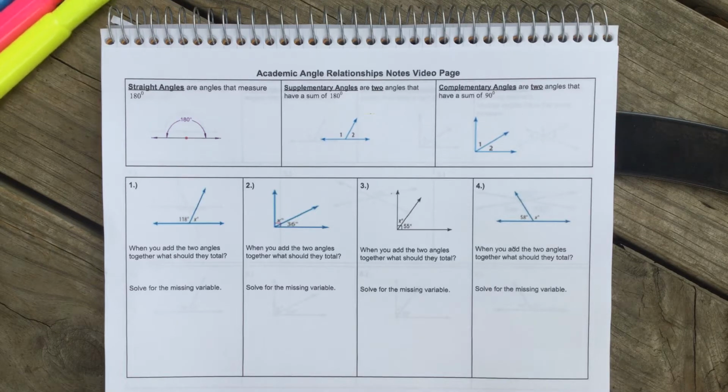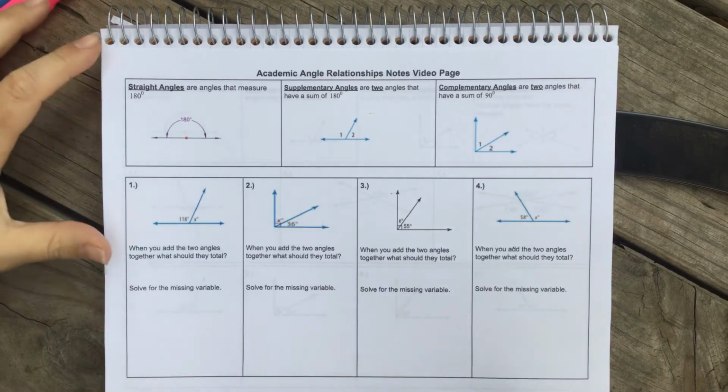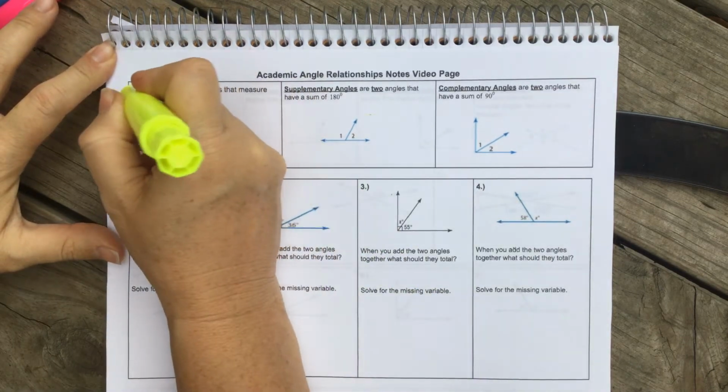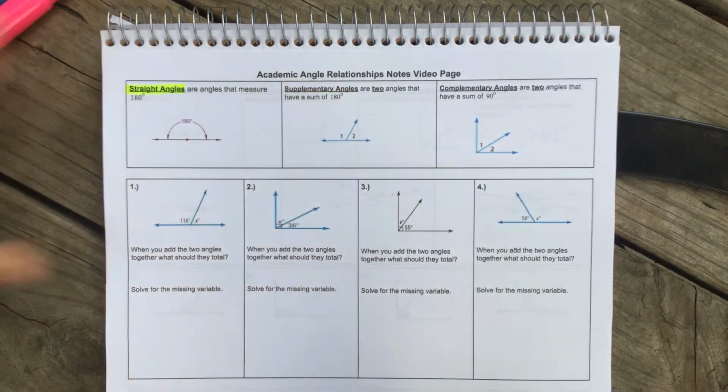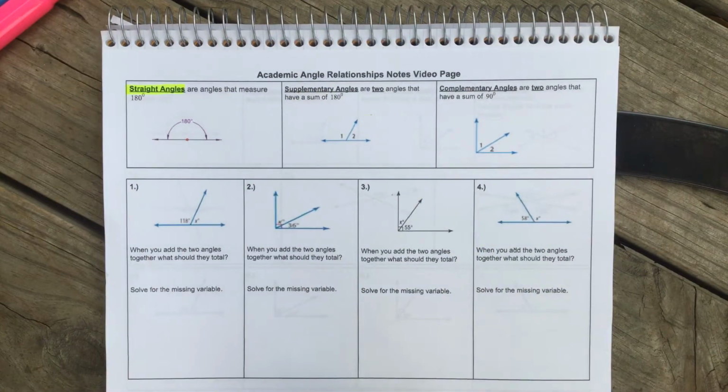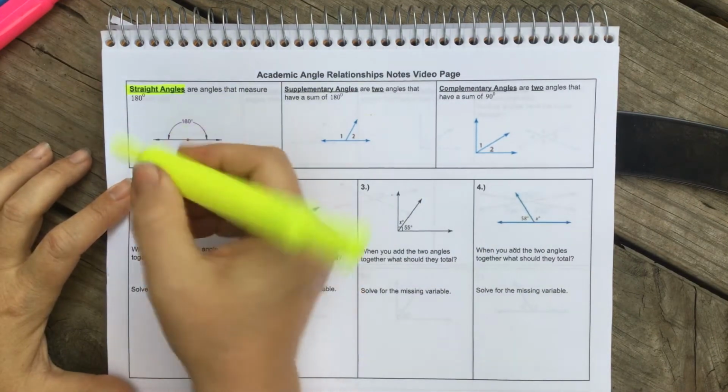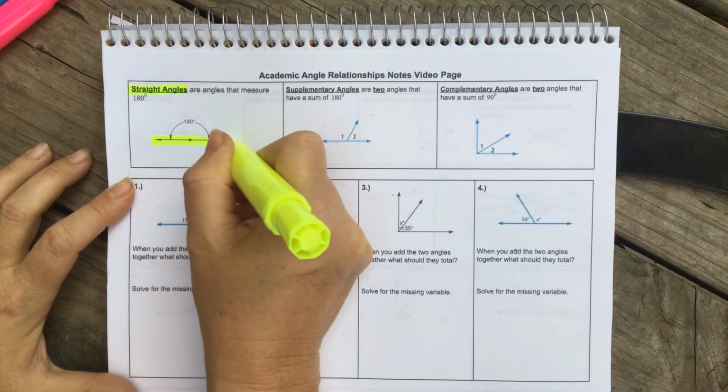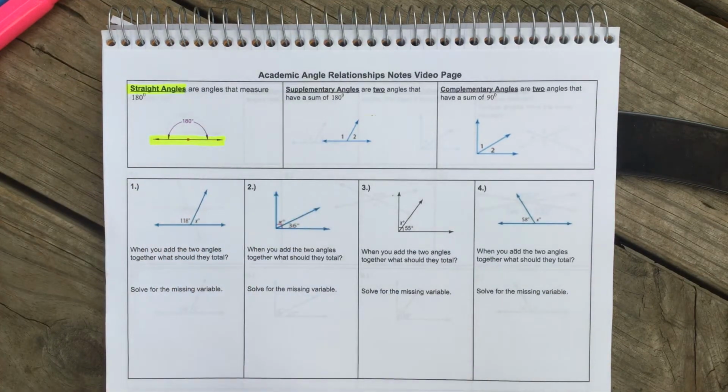Okay, so first let's look at our vocabulary at the top of your notes page here. Straight angles are simply one angle. You notice there's no other line here. There's just one angle going from left to right, and it forms a straight line essentially, and so that is a straight angle also.